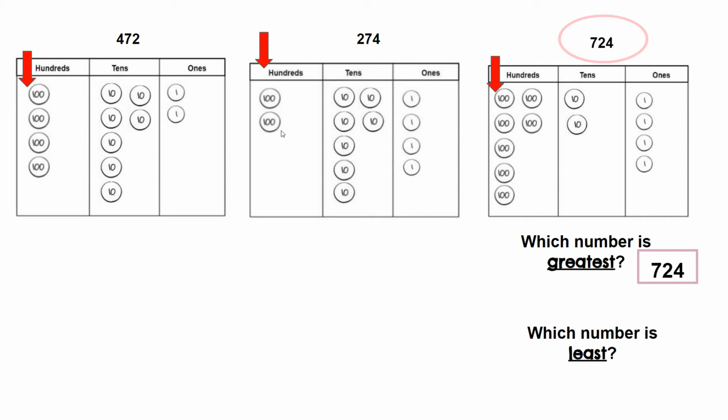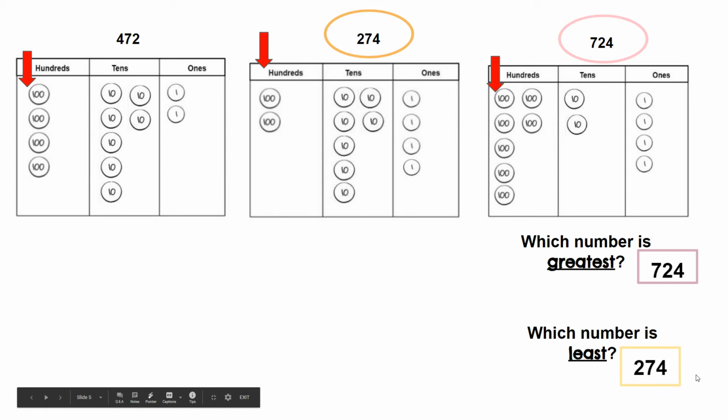So basically, 274 is the least number here. It has the least value than the 472. So we would say that 274 is less than 472.